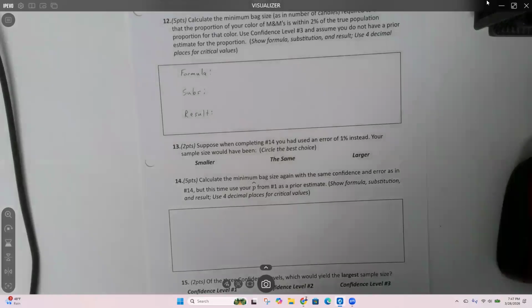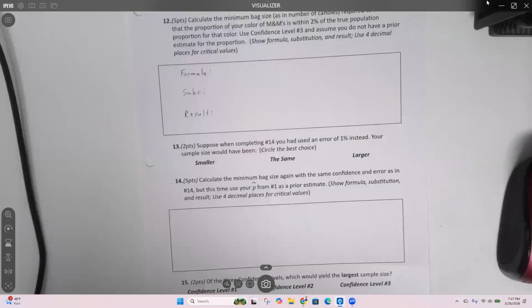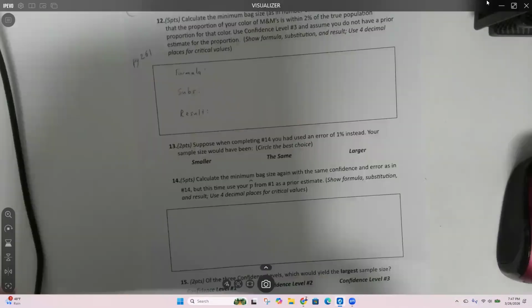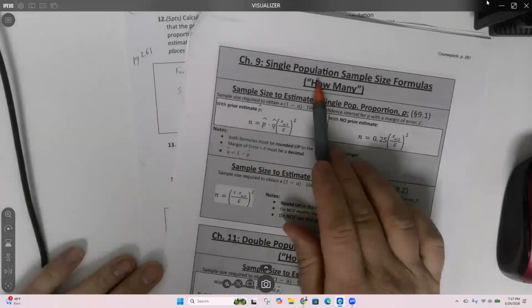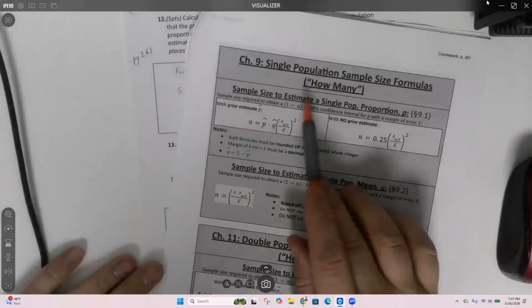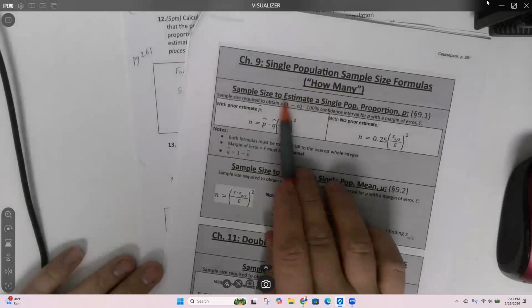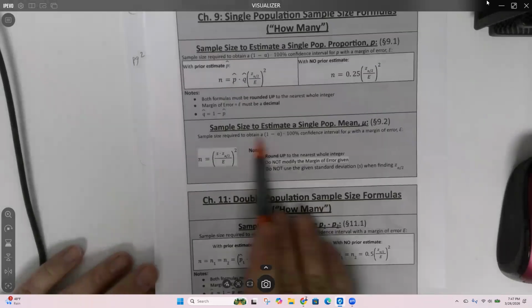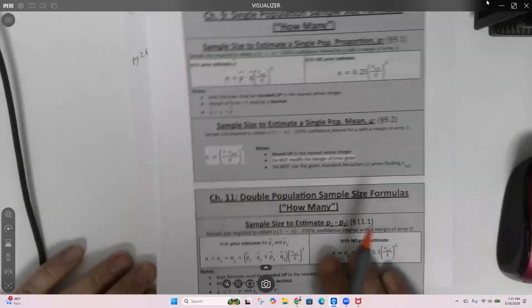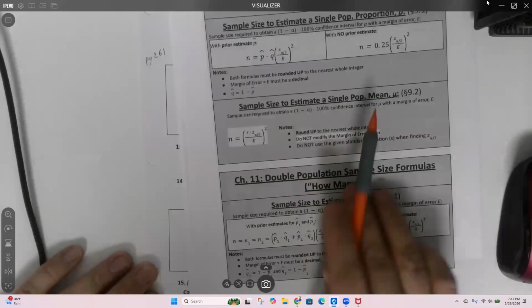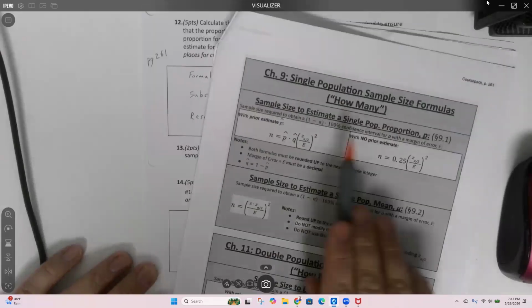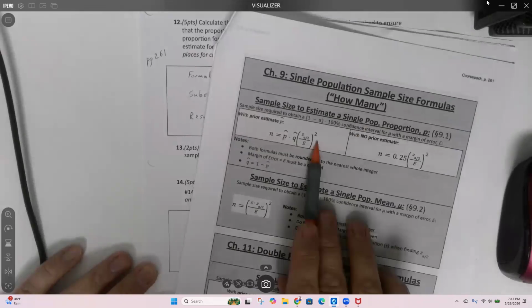The formula for this is on page 261. Page 261 is sample size for population proportion or sample size for population mean. So it's slightly different depending on whether you're doing proportions or means. So again, pay attention to that. We're doing proportions, and there's two of them.